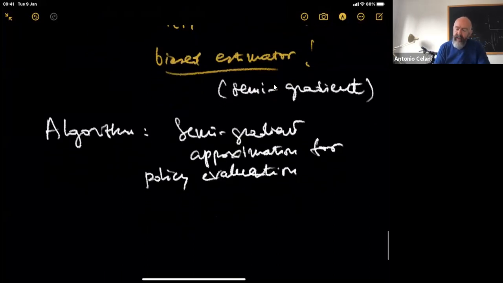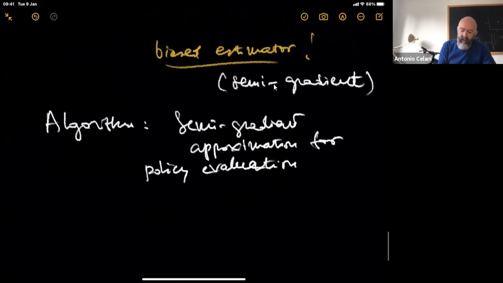So how does that work? So you start with, initially you have a policy pi that has to be evaluated.